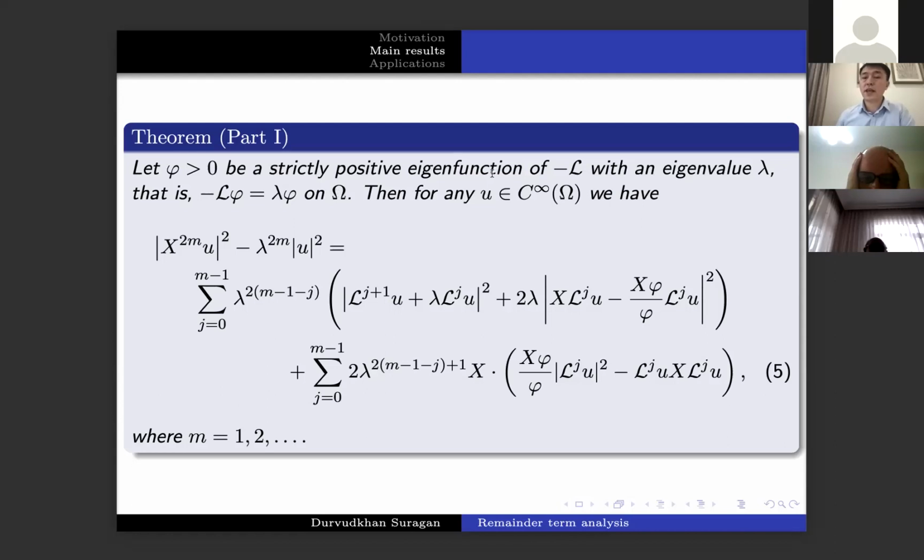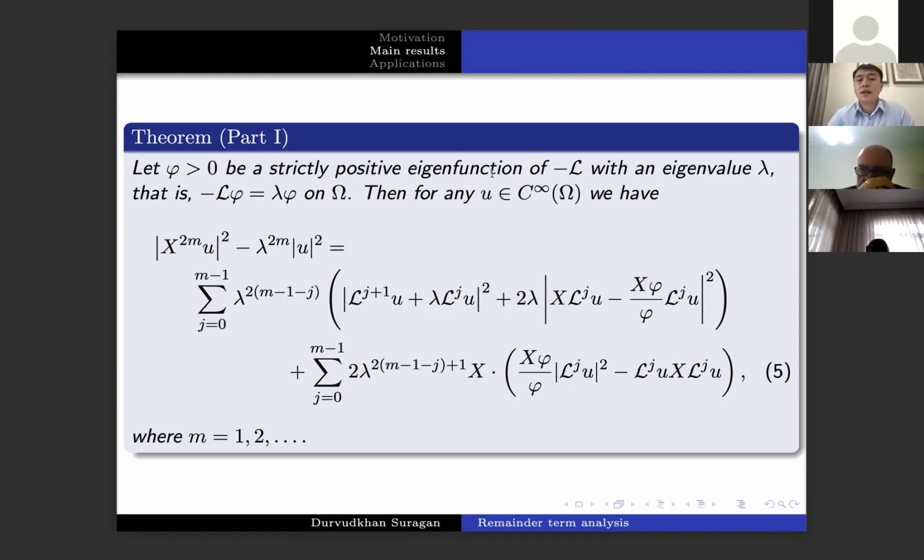It's the case for the classical Dirichlet Laplacian, because it's known from the spectral theory that the first eigenvalue is always positive, and the corresponding first eigenfunction is always positive, and since it's a positive operator, the corresponding eigenvalue is also positive.